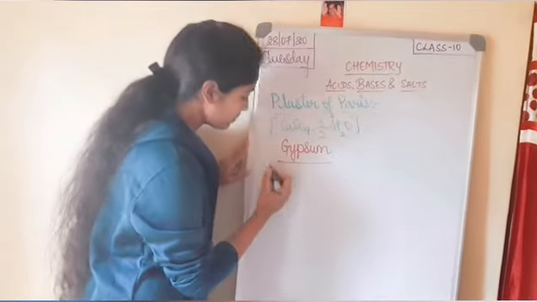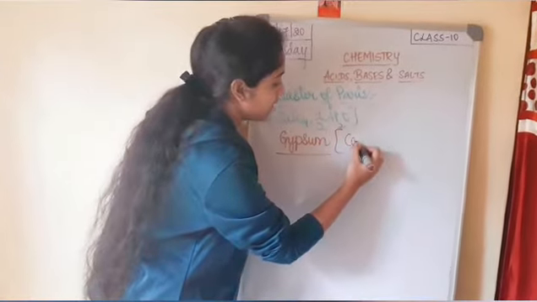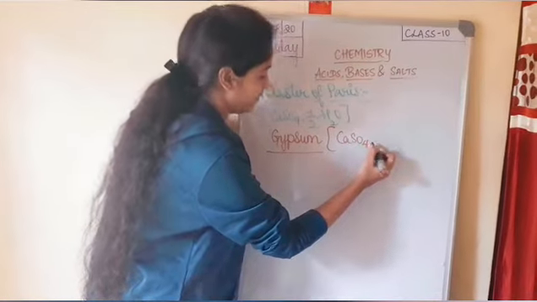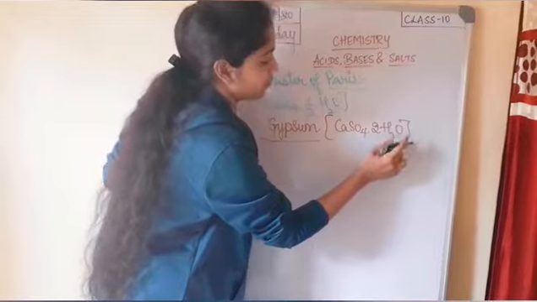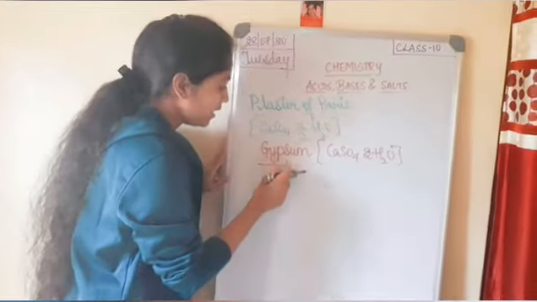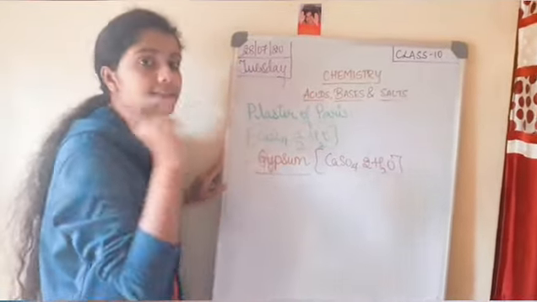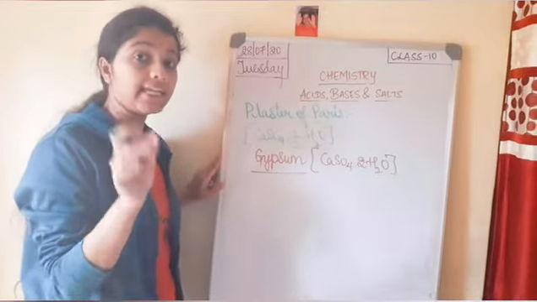Now gypsum is CaSO4, calcium sulfate, into two molecules of water. Now gypsum is heated at 373 Kelvin in a kiln.